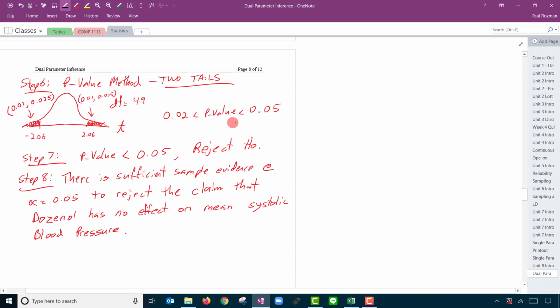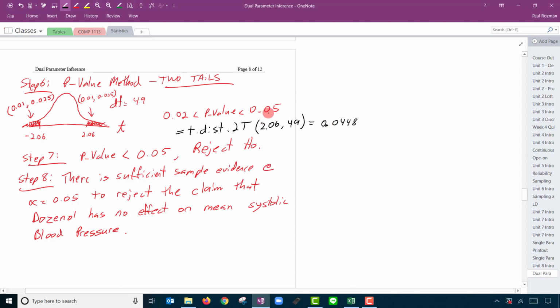If you're worried about our p-value, we could calculate that using Excel, T.DIST.2T, and then you plug in 2.06, and the degrees of freedom, and it'll give you the exact value, which in this case, I believe it turns out to be 0.0448 actually.